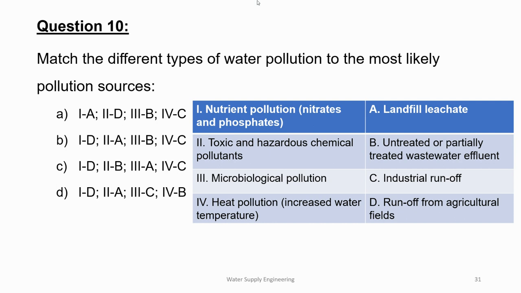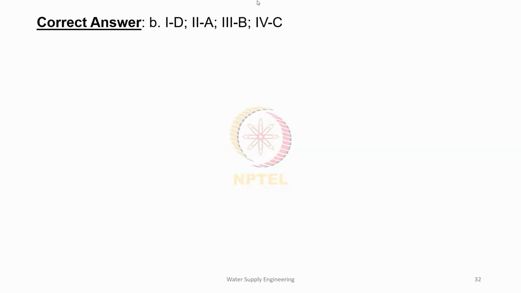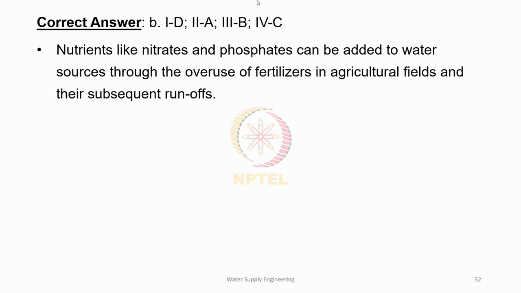So, I have option B in the answer in the chat box. Yes, correct option is option B, that is 1D, 2A, 3B, 4C. So nutrients, for example nitrates, phosphates, all these come from applied fertilizers in the farms or field.